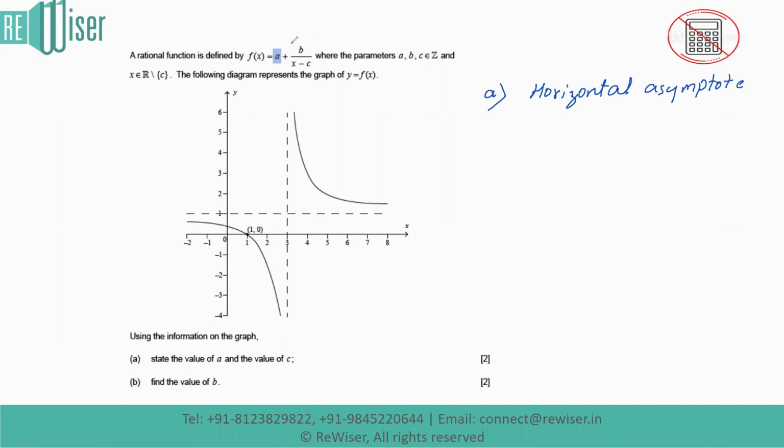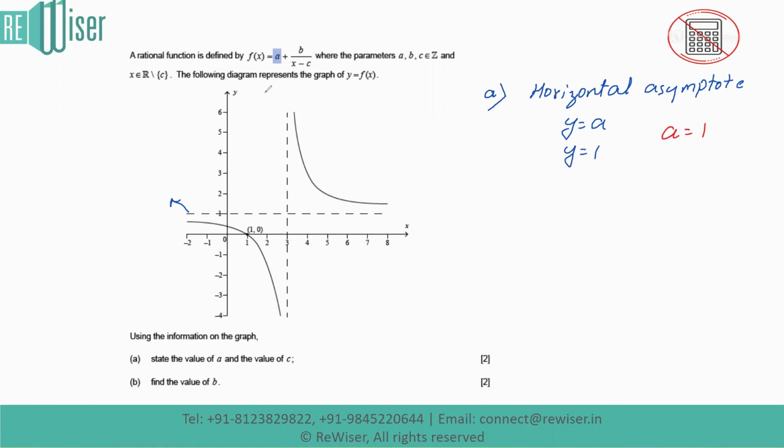So y equals a would be my equation of the horizontal asymptote. From the graph, I can see the dashed horizontal line passing through 1. So y equals 1 is the horizontal asymptote. That is the reason the value of a is 1.